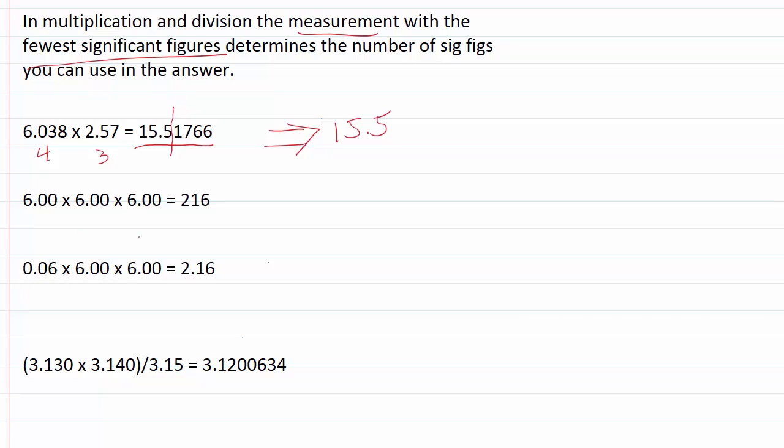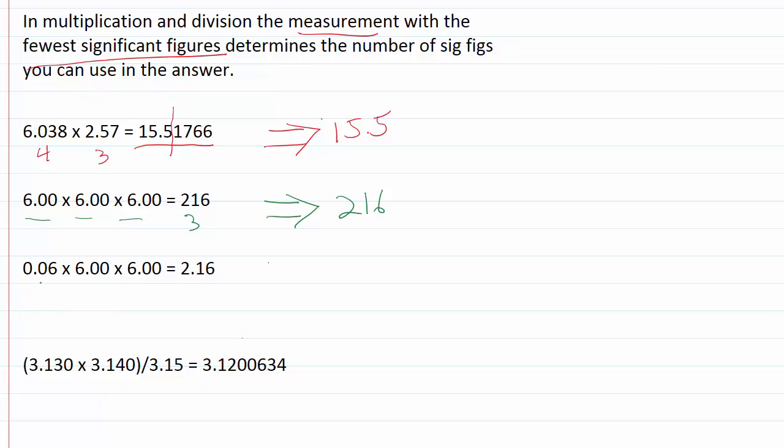In the next example, I've got a series of multiplication steps. Each of these is 3 sig figs, so I should have 3 sig figs in the answer. This time the calculator number is correct. 216, 3 sig figs.